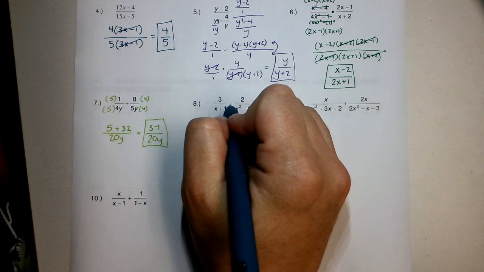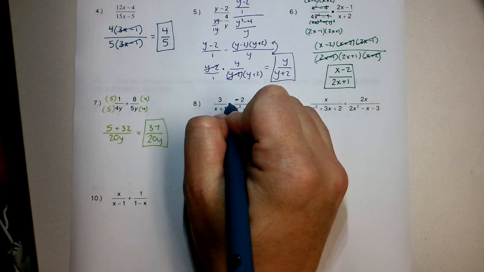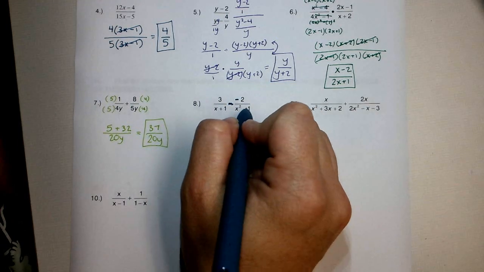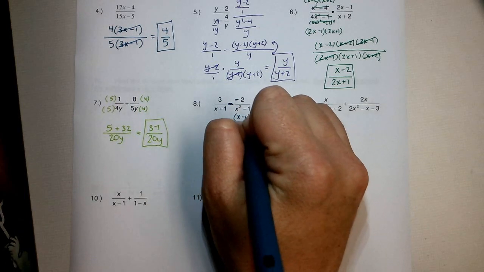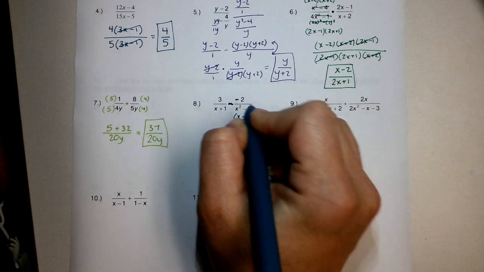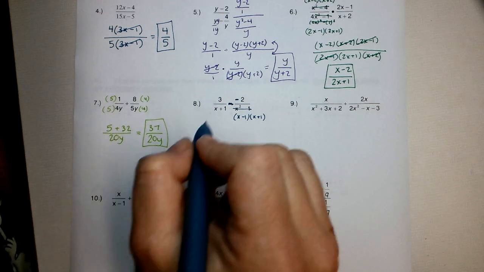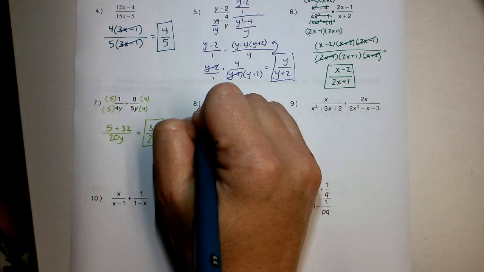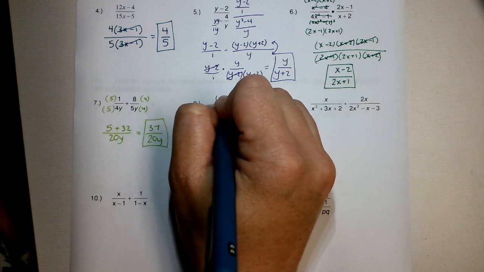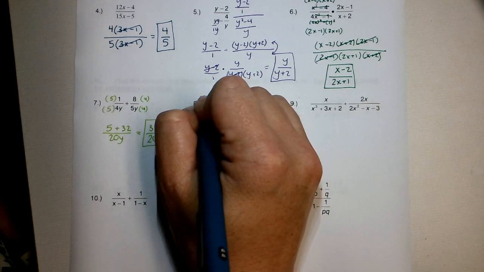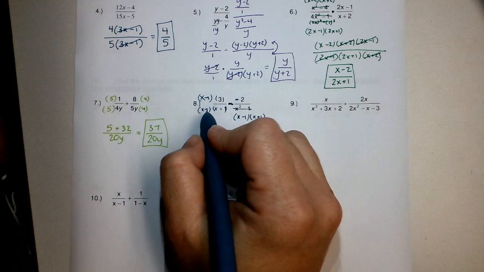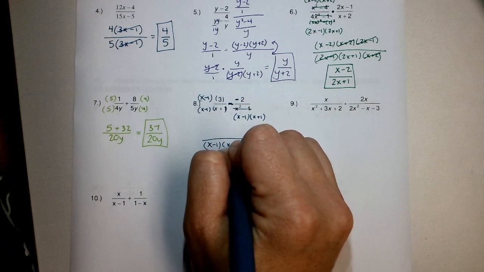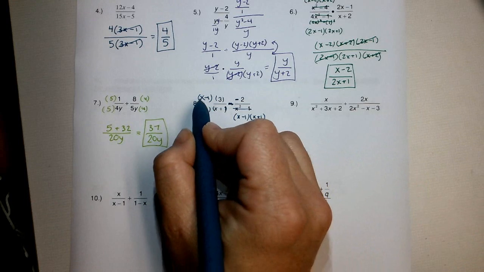So this one, I want you to be careful with subtraction. So I'm going to bring that subtraction symbol up so we don't forget about it. This can't factor, but this can. This becomes x minus 1, x plus 1. Okay, and so this is just x plus 1, so it needs the x minus 1. So I now have a common denominator of x minus 1, x plus 1, but I need to distribute.